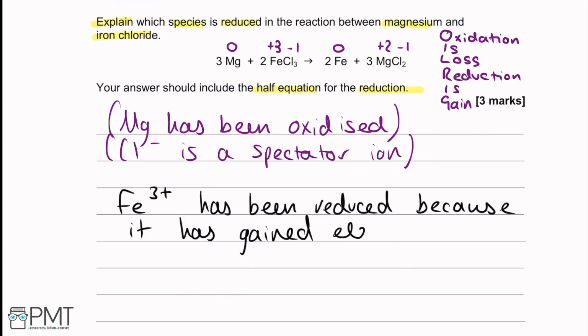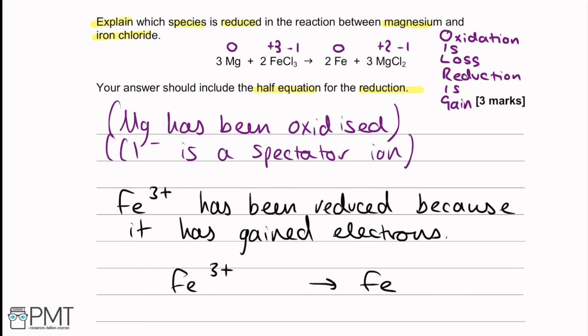Now we need to look back to the question. Because in the question it says we need to include the half equation for the reduction. So the reduction is going from iron 3+ to iron. So the ion to the element.